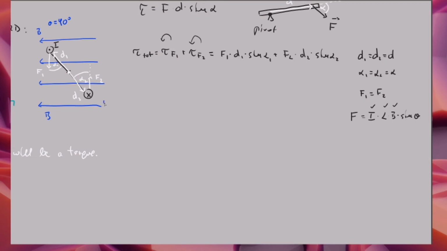Therefore, the angle theta between I and B is also 90 degrees. So theta is the same for both F1 and F2. All right, so now I can rewrite the total torque as 2 times F times D times the sine of alpha.